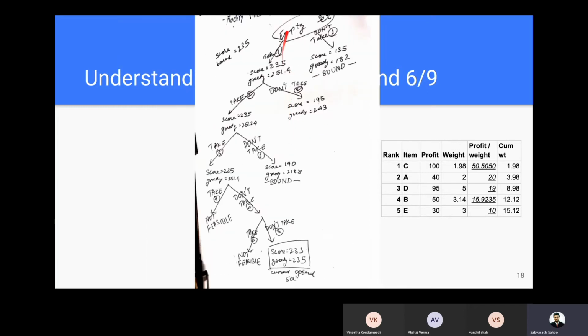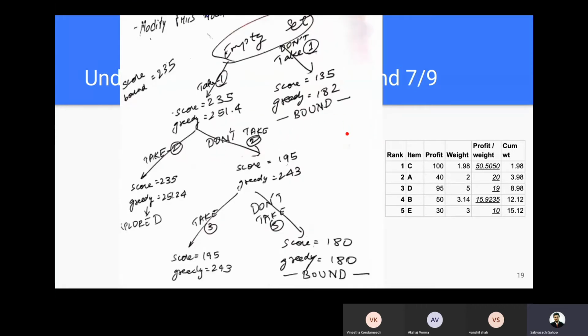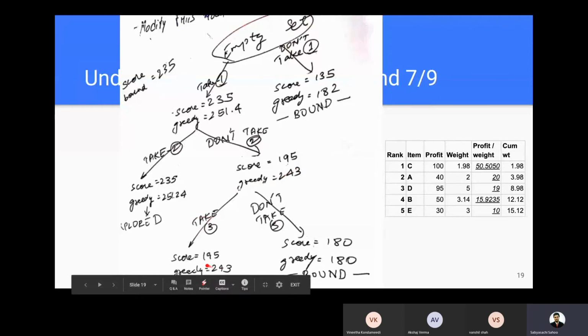So far at this point you had taken 1, but you had not taken 2, and you had a 0-1 knapsack score of 195 and a greedy score of 243. So let's explore further. Now we can draw 2 paths again: we take 3 or we don't take 3. If we take 3, we evaluate that the score is 195 and the greedy score is 243.